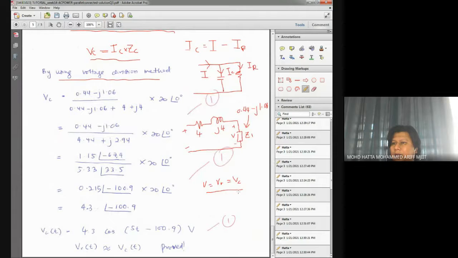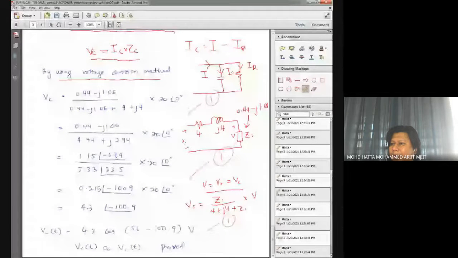And according to this equation, I put the equation down here. VC, also V, can be found by using this equation. Z1 divided by 4 plus j4 plus Z1 times the voltage that you found over here.